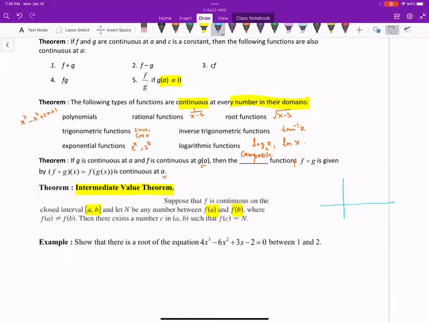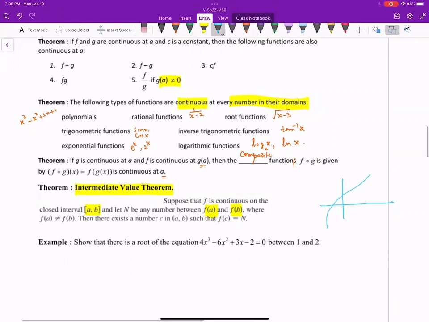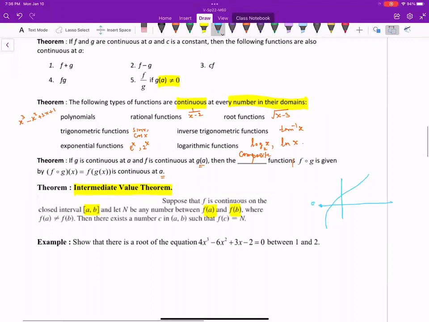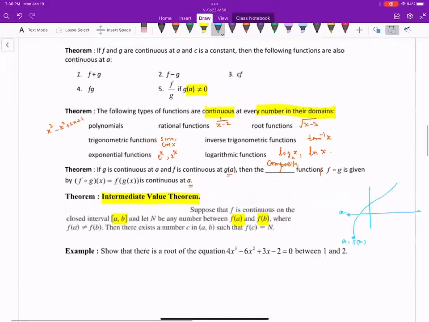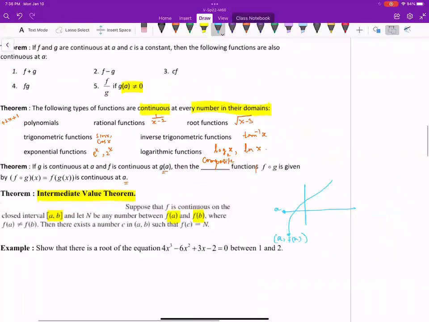More importantly, this is kind of easy to picturize. Let's say you have a graph which goes like that. Take a point a here, and this point will be f(a), and this point here is b, f(b). This is a continuous function, let's say, no breaks, no holes.